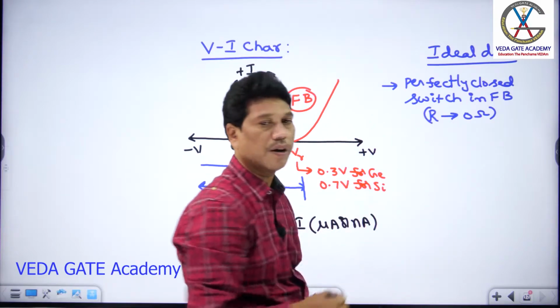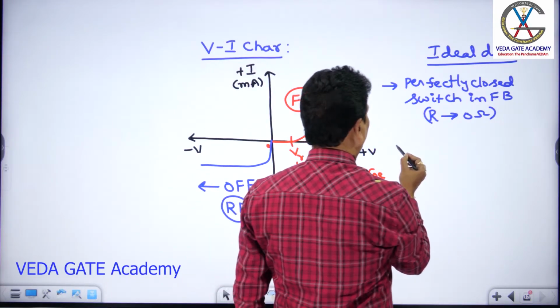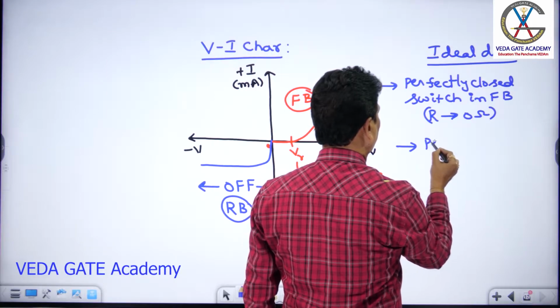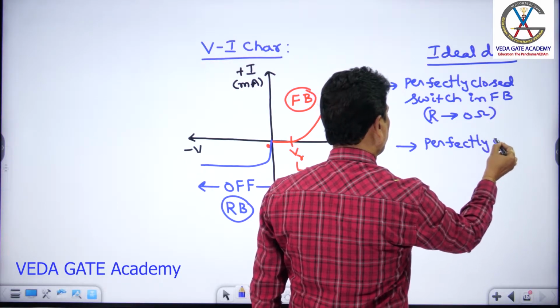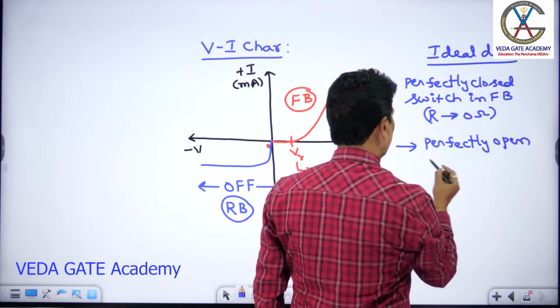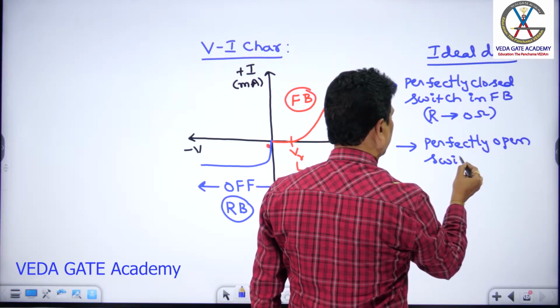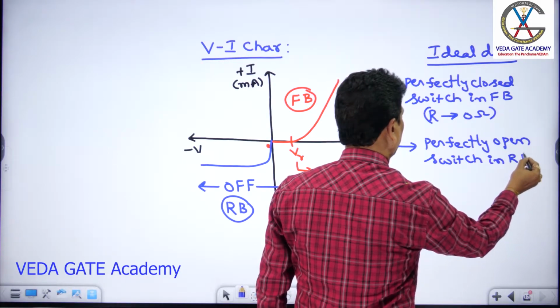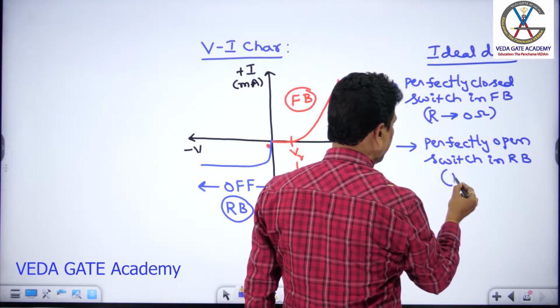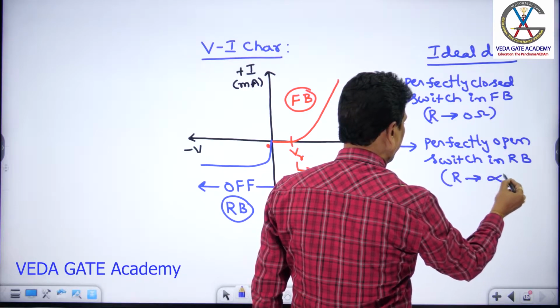And a perfectly open switch in reverse bias. Perfectly open switch in reverse bias means R tends to infinity.